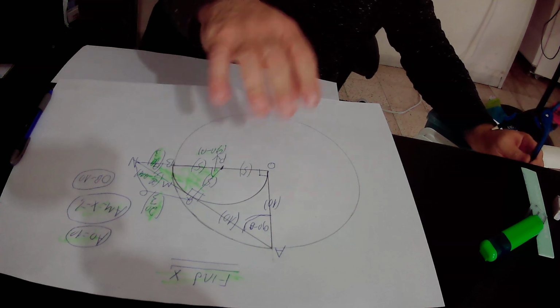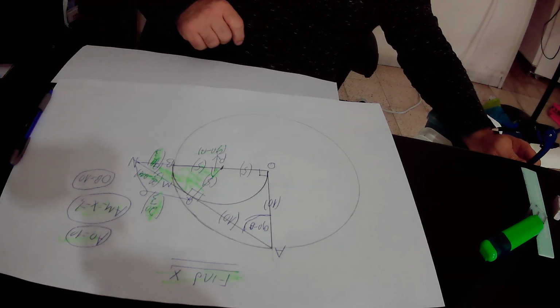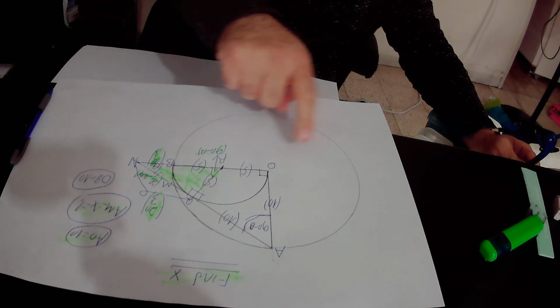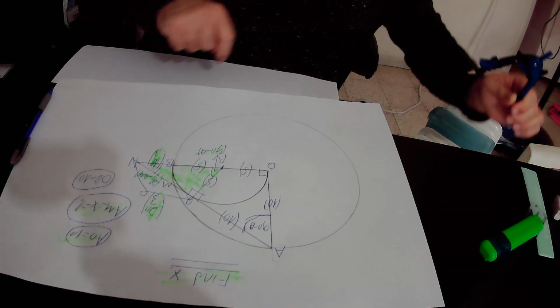We'll extend line segment BO by a straight line until it touches the circle.